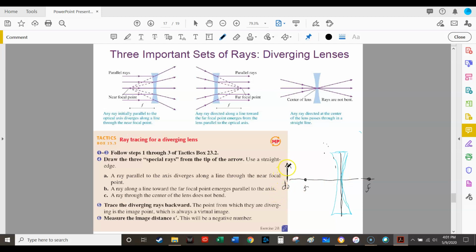So the first thing that you're going to do is draw a parallel light ray, right? So the light ray is going to come straight across here. But when it hits this point, the cool thing is it's going to bend away from the focal point over here.